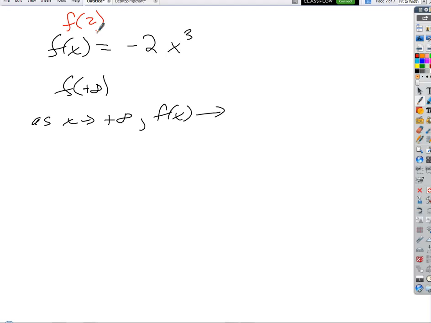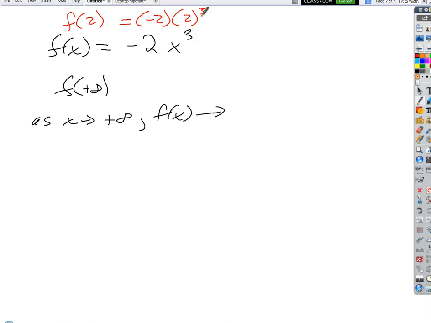I'm just plugging 2 in for x, right? That's in math how we say, what's the value of the function going to be when x becomes 2? So where would I plug that 2 in? For x, right? So that would just look like negative 2 times 2 cubed, right? Everybody see?